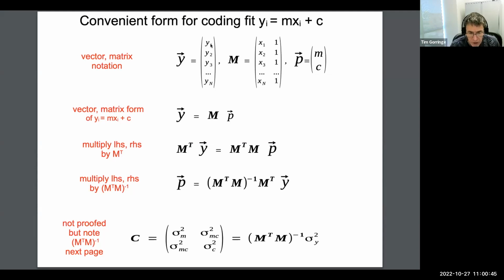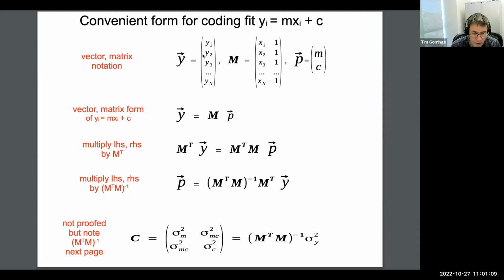So let me describe the procedure by starting by introducing a couple of vectors and a matrix. Then we're going to solve for the best fit slope, best fit intercept, and the uncertainties in terms of these vectors and matrices.